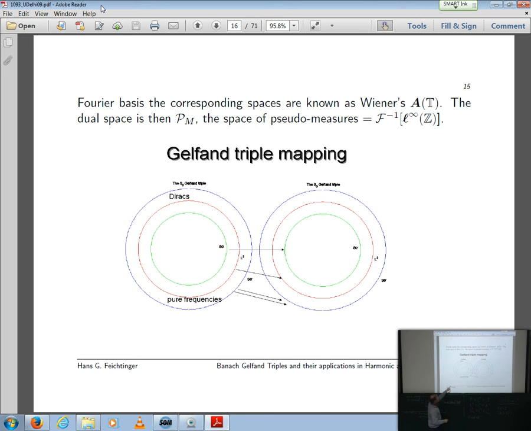So if I have a Banach Gelfand triple, I would assume that all the three layers are norm continuous. And a kind of important trick is, because the dual spaces carry the weak star topology, in each case I would like to assume that the weak star topology is also respected by these maps. We know it is true for the Fourier transform, so I incorporate this into this setting.